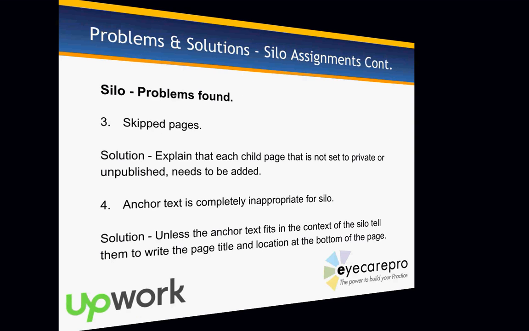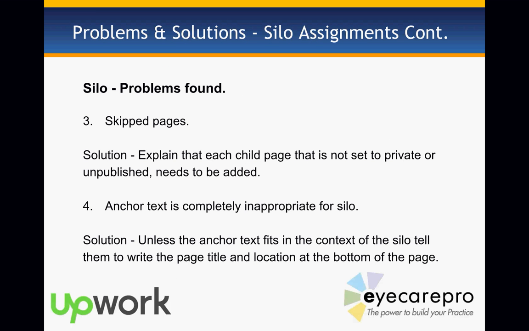Another thing I found, and this is quite important, is skipped pages. I found this more with child pages, where they have to click down on the arrows. Sometimes they miss them. A lot of the time these are very small mistakes. We could even make these mistakes ourselves.